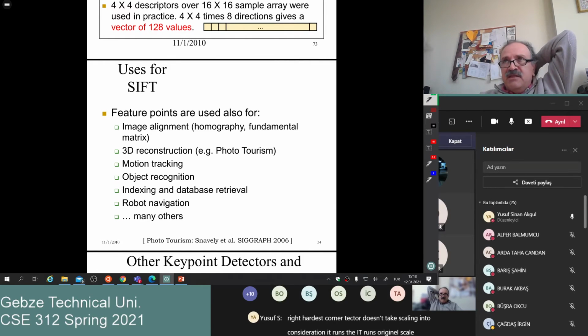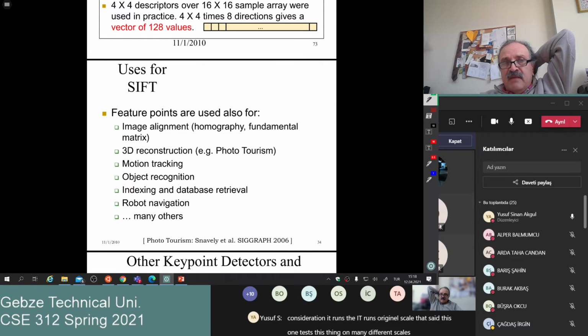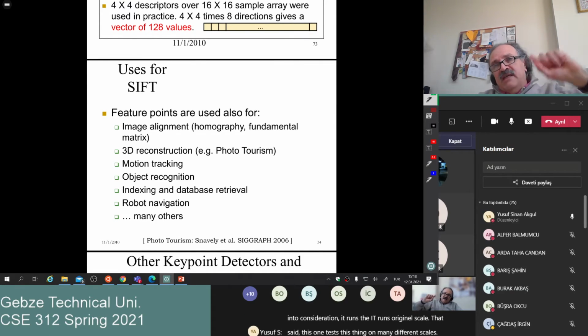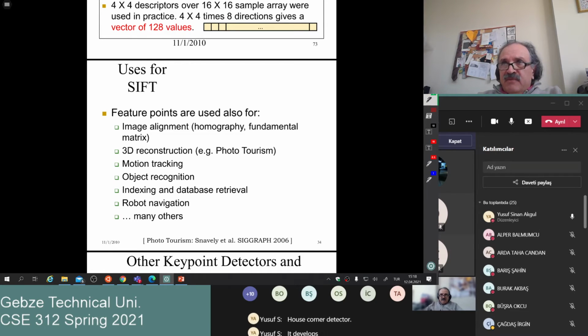This one tests on many different scales, and it finds the critical scale. And different from the Harris corner detector, it develops a 128-dimensional descriptor, and you could use this descriptor to match points between two different images.